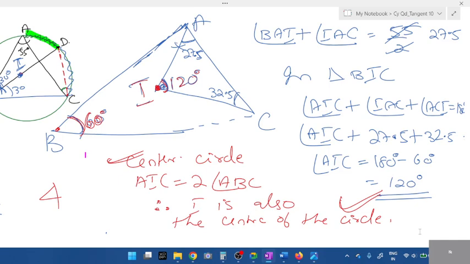I think we'll solve at least 5 to 6 questions based on circles. Even that is left. Then what is the other chapter I told? Shares and dividend. Along with this, at 4 o'clock I'll teach shares and dividends today. Only a few questions, not everything.